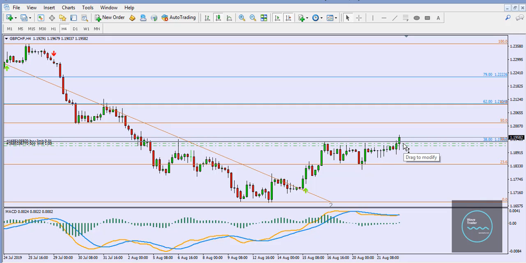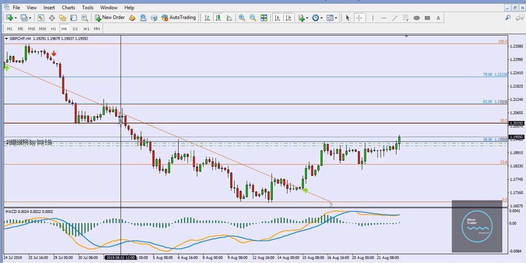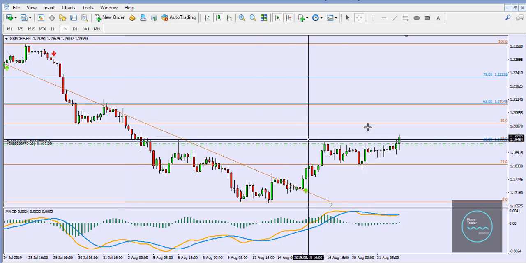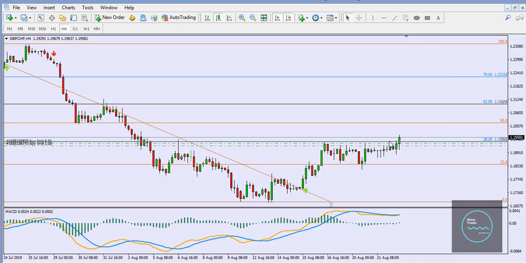Now remember, this is a counter trend move, so I don't really expect it to go that high, but even if it gets to this resistance area here, that's the 50% retracement area. From there to where price is currently is 58 pips, well, it's still okay for a trade.